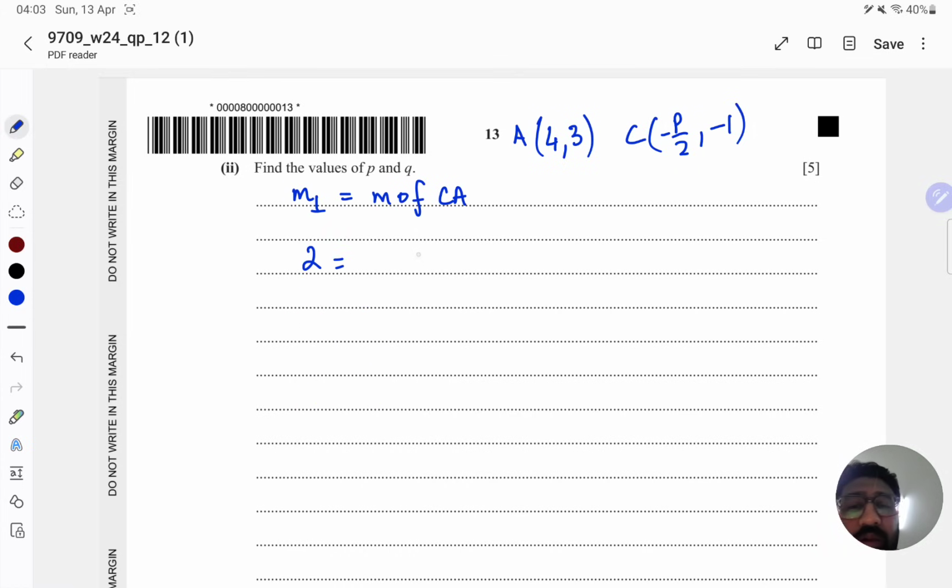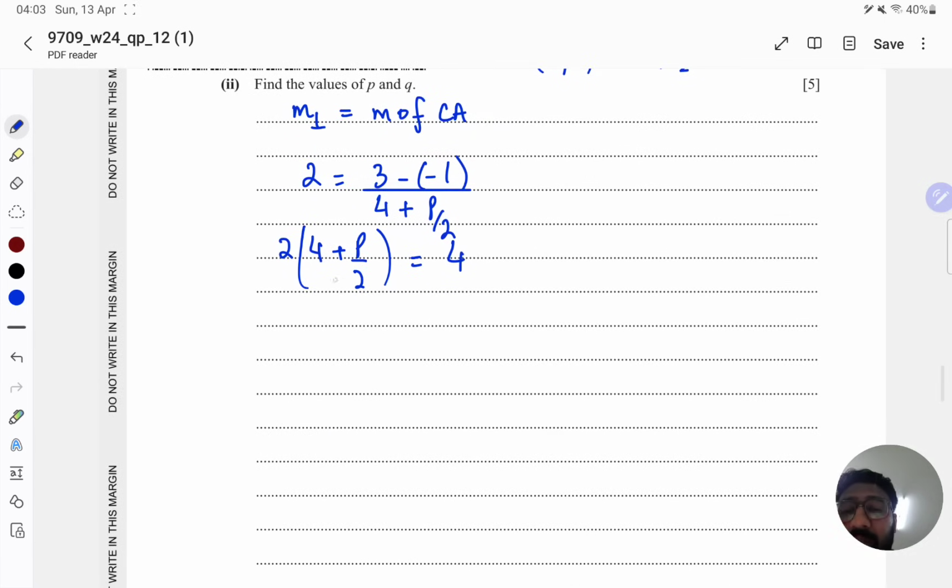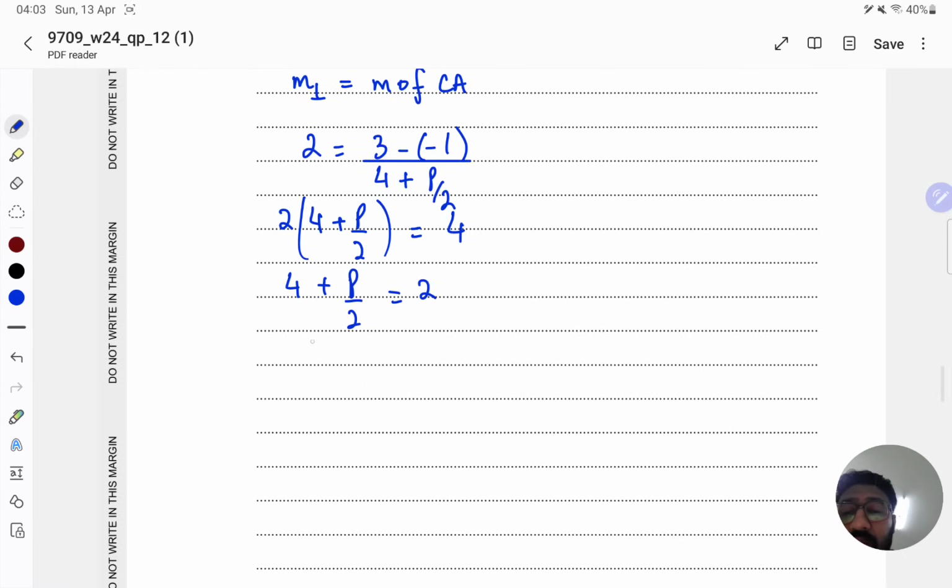Which is 2 equals 3 minus 1 divided by 4 plus p by 2, which is minus 1. So 2 bracket 4 plus p by 2 equals 4. So 2 can go to the other side, it will become 4 plus p by 2 equals 2. So p by 2 will be equal to minus 2, and the p value will be equal to minus 4.